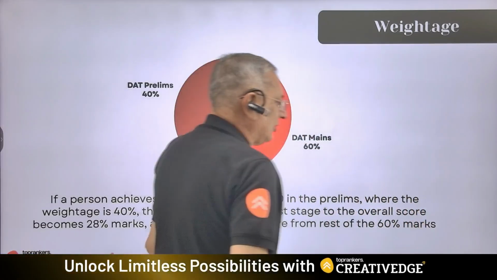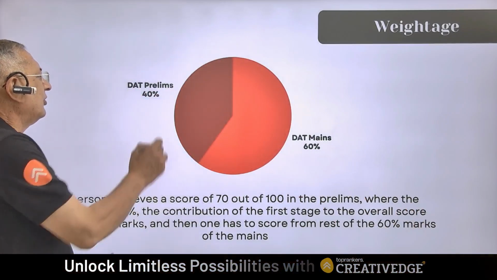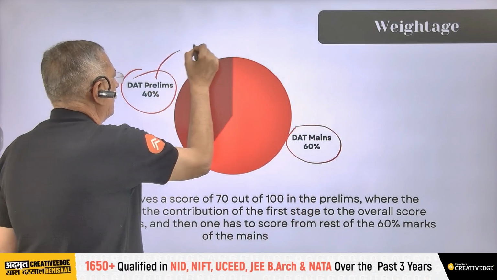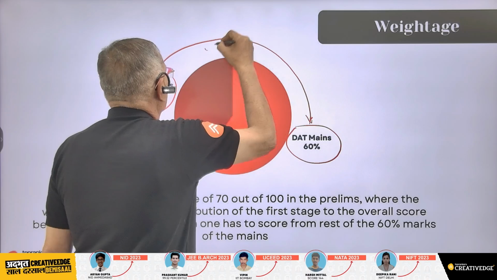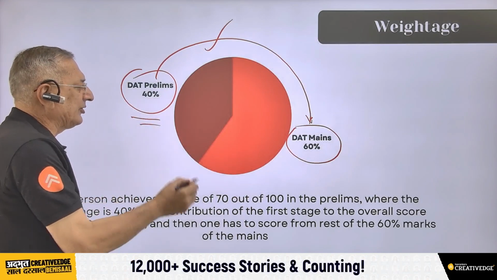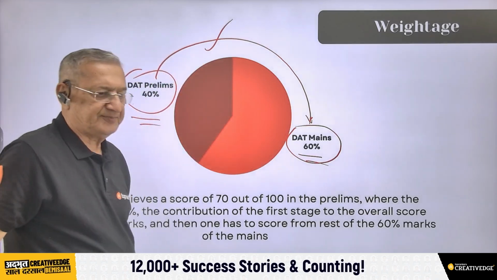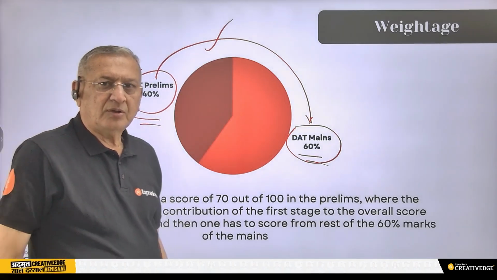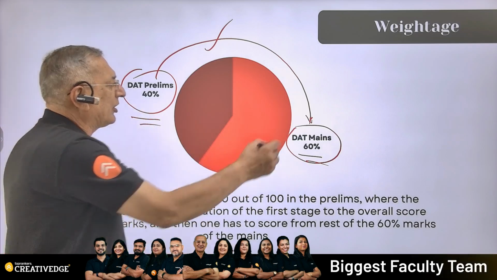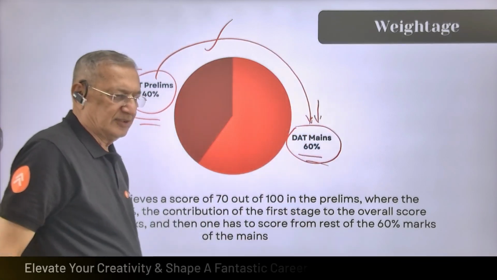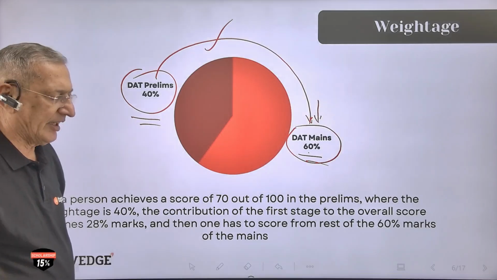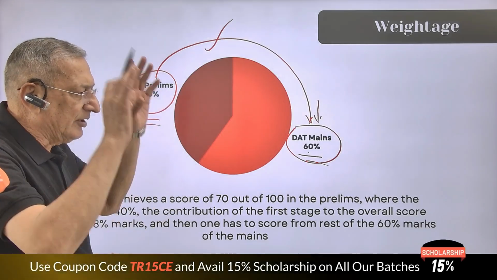When we go on to understand the ratio of prelims to mains, firstly, to come from prelims to mains, you need to clear prelims. Unless you are through with prelims, you are not allowed to take the mains. So you have to be very careful to pass prelims, and more careful to score in mains, because the majority of the selection depends on the main. That is 60% of the total value.